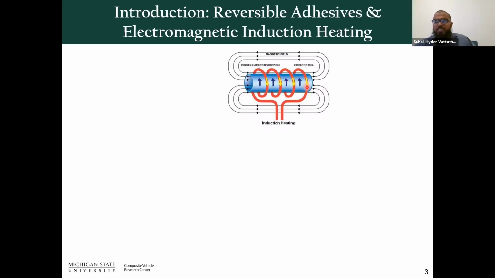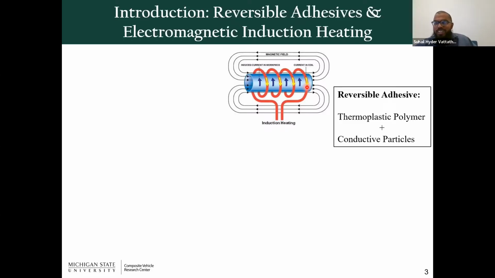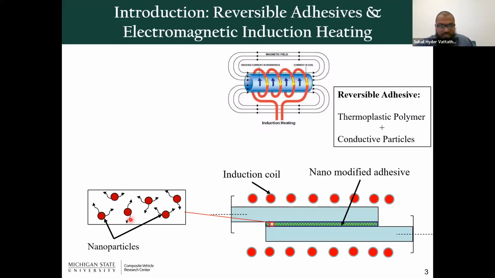Now, the question is how to make the thermoplastic polymer conductive, because we know that thermoplastics offer reversibility. We cannot use thermosets. And thermoplastics are insulators by nature, so we reinforce these thermoplastics with conductive nanoparticles. Now, these nanoparticles respond to the EM radiations. So if you see here, I have my substrates, or the components to bond, and I have my adhesive here.